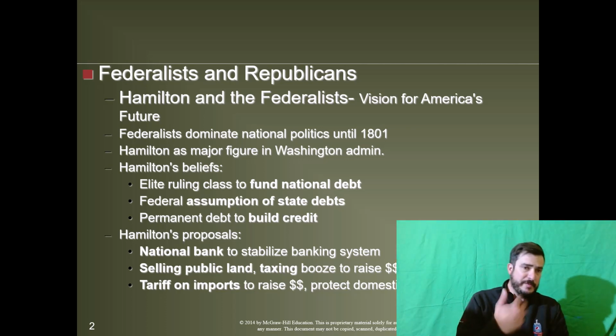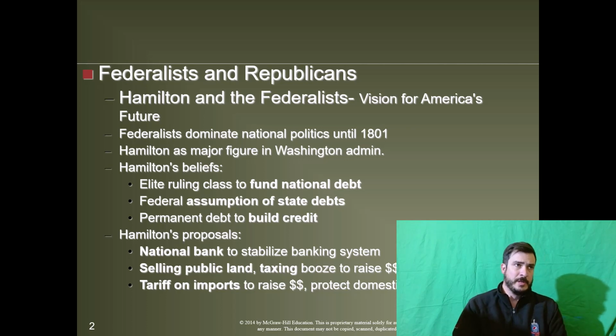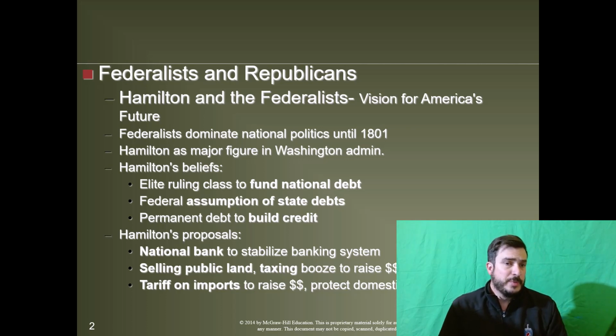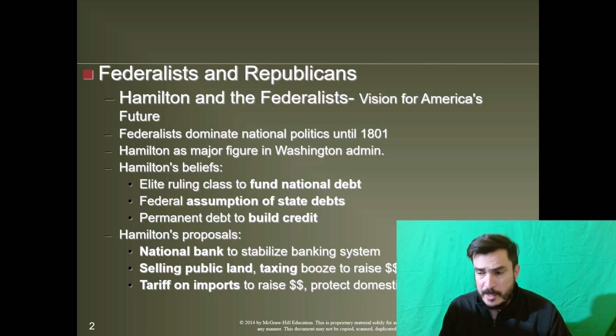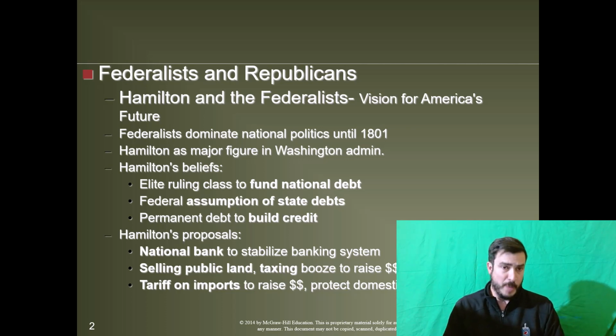And with the revenue that's coming in to the federal government, it could invest in projects. Okay. It could invest perhaps in infrastructure, in building roads, canals, building a bureaucracy that could oversee the development of a broad and modern industrial nation state.